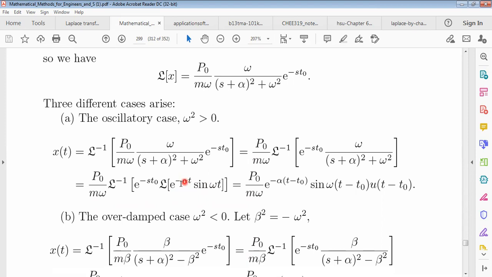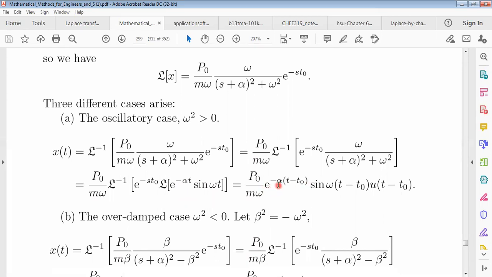So just using a equals minus alpha and b equals omega, we get the Laplace transformation of this. So p naught divided by m omega, e to the power minus alpha t, and another one, e to the power minus s t naught.